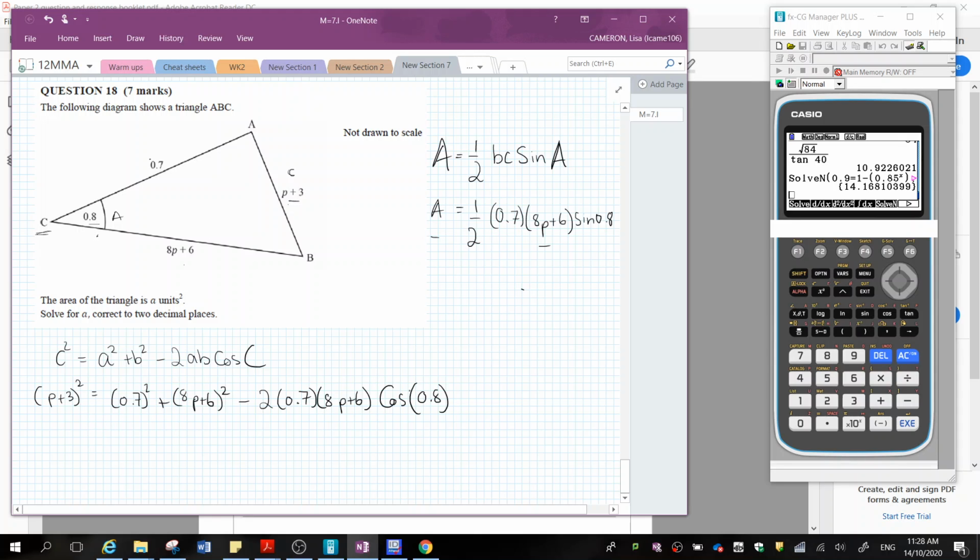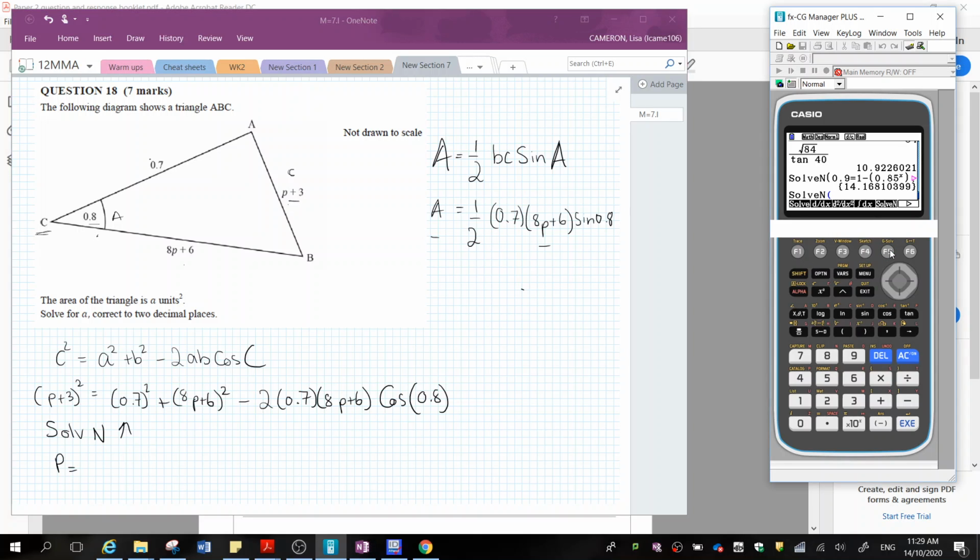Okay, so this is one big function, so now we're going to use solve. When we put that into our calculator, I'm going to go back, press solve. So x, oh, better put another bracket around that first.